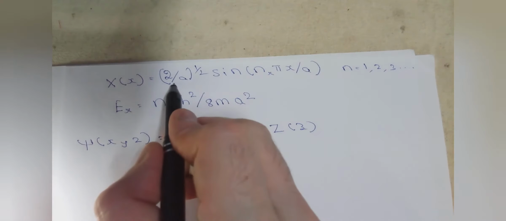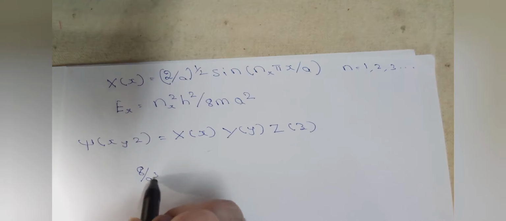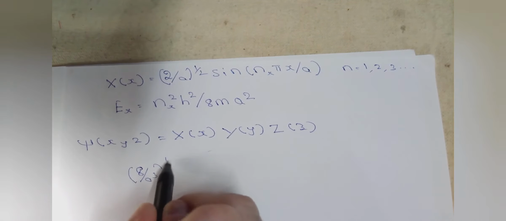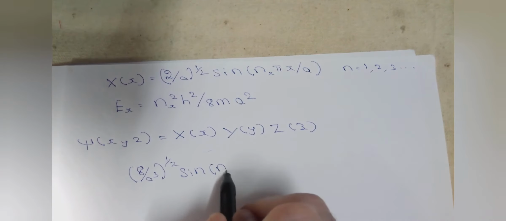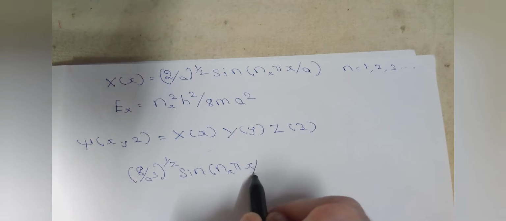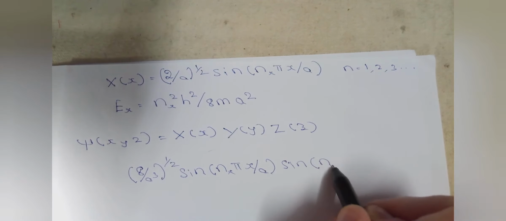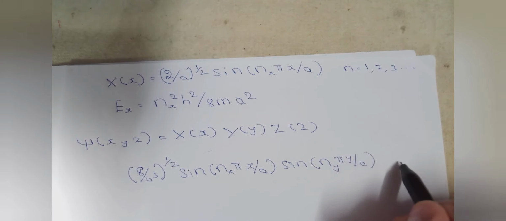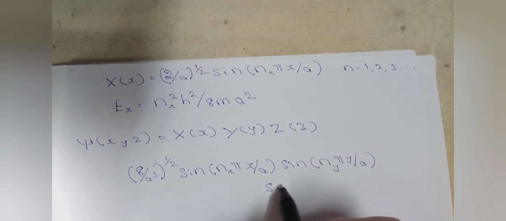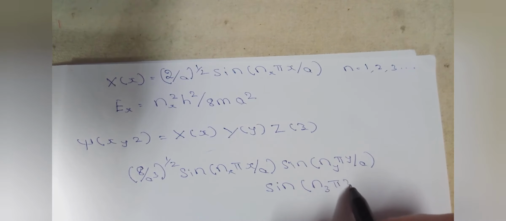So by combining this for x, y, z, we have (8/a cube) to the power of 1 by 2 sine nx pi x divided by a, similarly sine ny pi y divided by a, and also sine nz pi z by a.